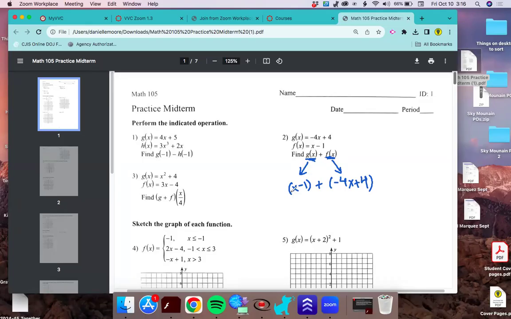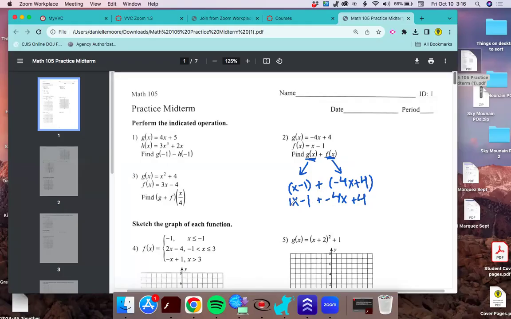The x minus 1, you could call that a 1x if you like. But this plus and then the parentheses thing, I don't really see the parentheses mattering. So it's x minus 1, and then 4x plus 4, and you can even just call it minus 4x.